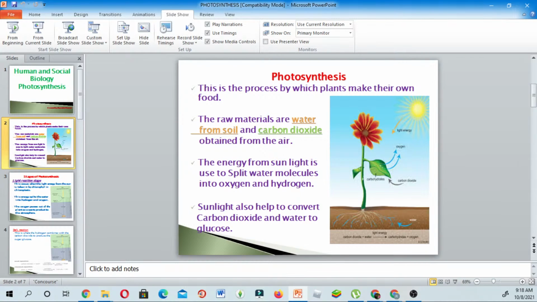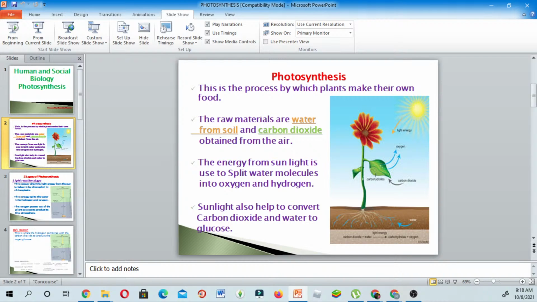Right. So if I should ask you to state the raw materials that are needed in order for photosynthesis to take place, then of course you should give me water and carbon dioxide. Now, as for the process, it needs some form of energy to actually allow it to take place.